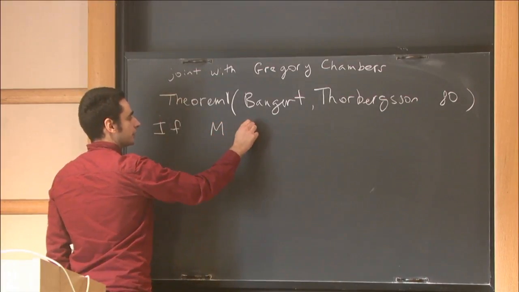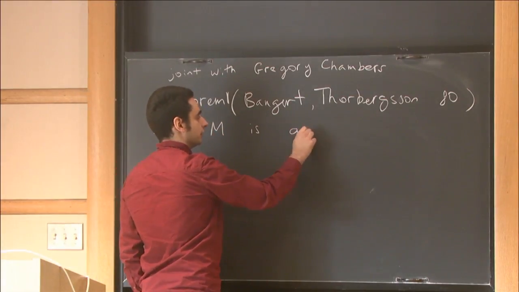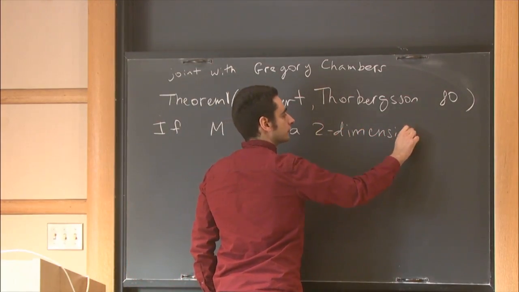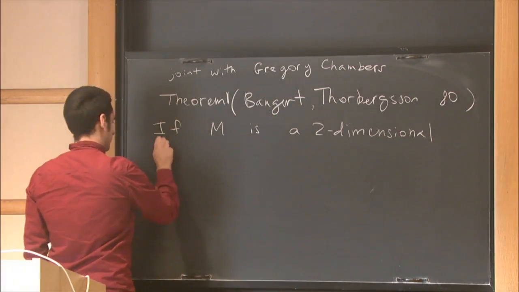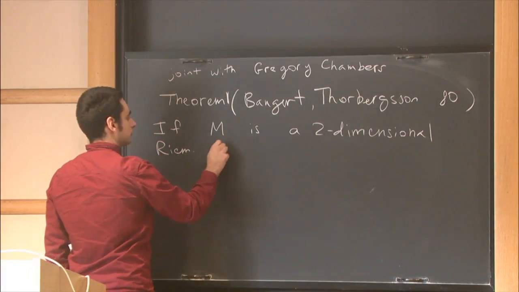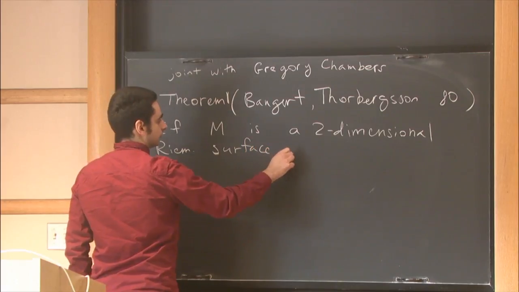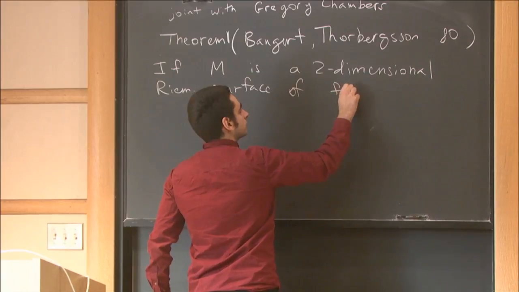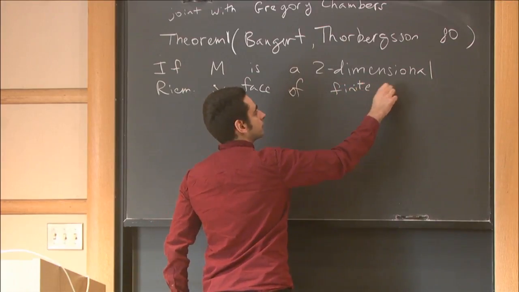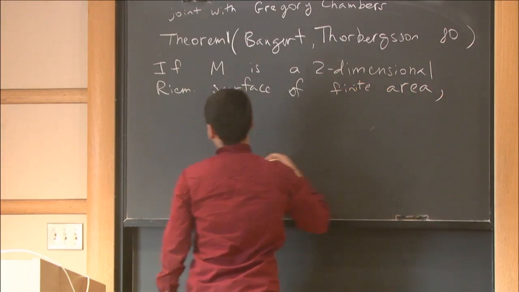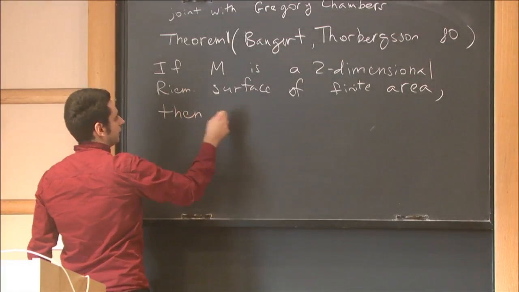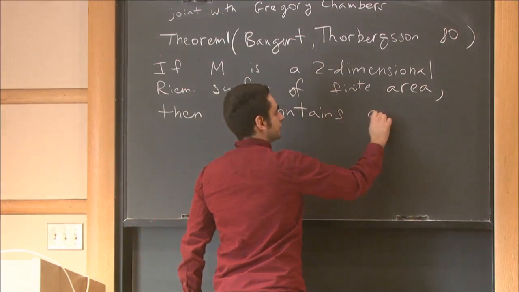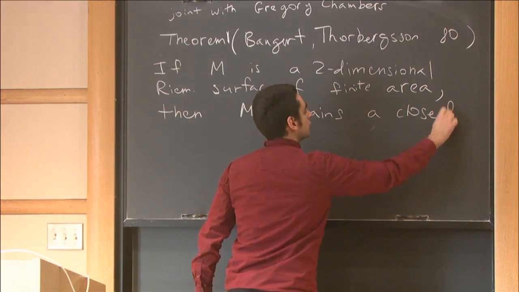If M is a two-dimensional Riemannian surface of finite area, then M contains a closed geodesic.